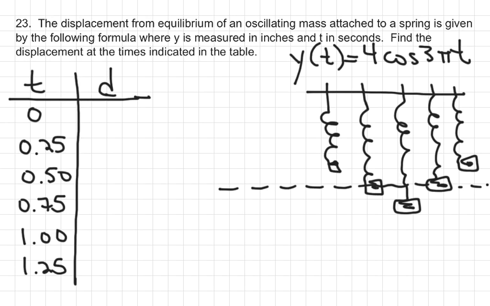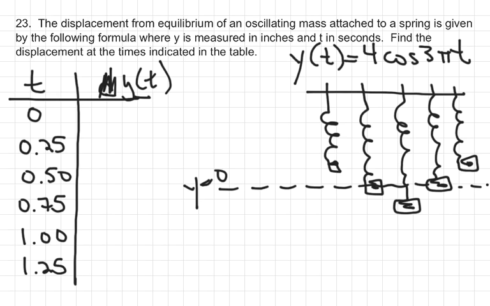We want to find out where the mass on the spring is at different times t. Equilibrium is when y equals 0. I usually use d for displacement instead of y of t, sorry about that.